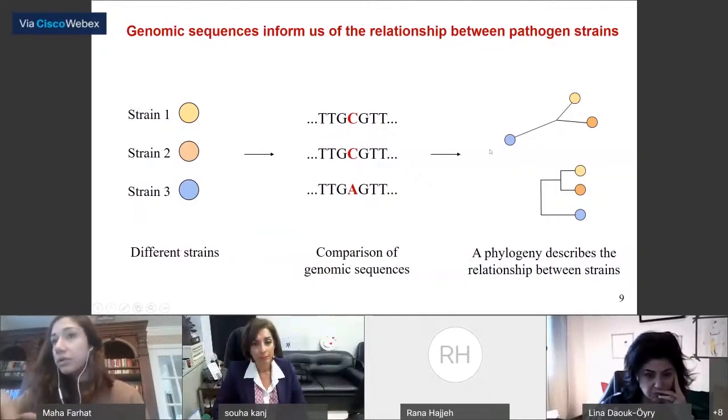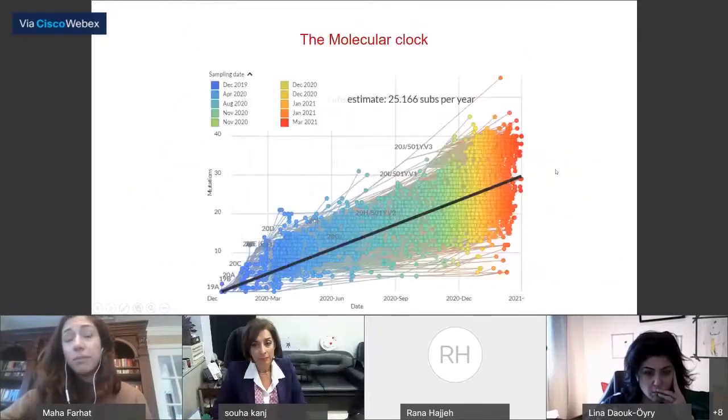And so you can essentially construct what we call a phylogenetic tree that represents the relationship between these different strains in this manner. And this tree is very useful, and I will give you an example of how it's used in real life.